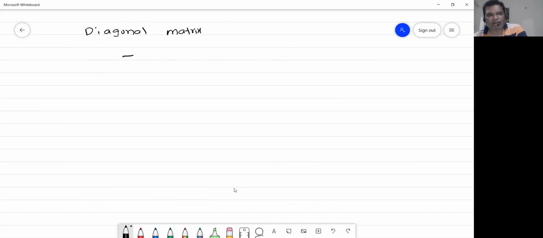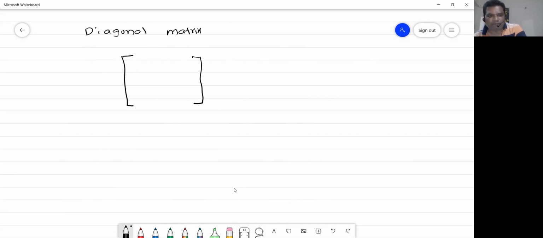A diagonal matrix is a square matrix in which, except the elements on the principal diagonal, all other elements are zeros.